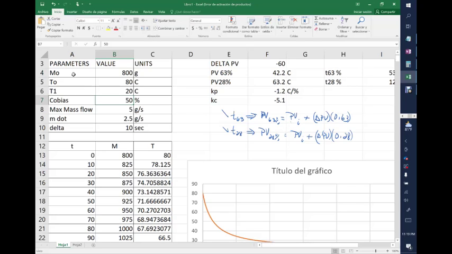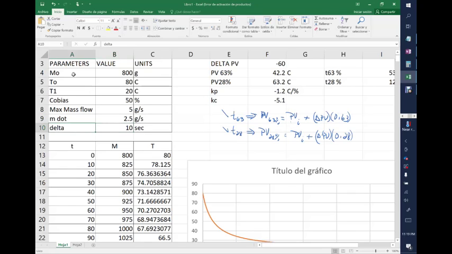Before t equals 0, it is 0. You impose this, and that will regulate the maximum mass flow, which was set at 5 grams per second. So you end up with an actual m dot of 2.5 grams per second. We're going to use a delta T of 10 seconds.